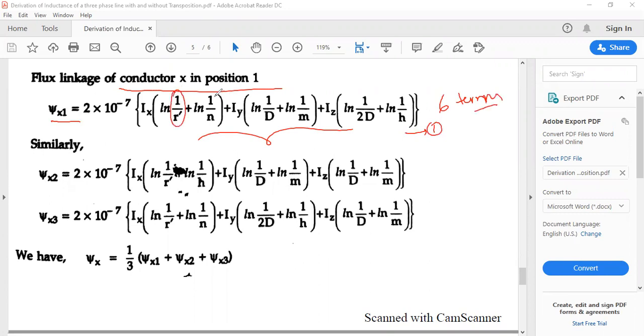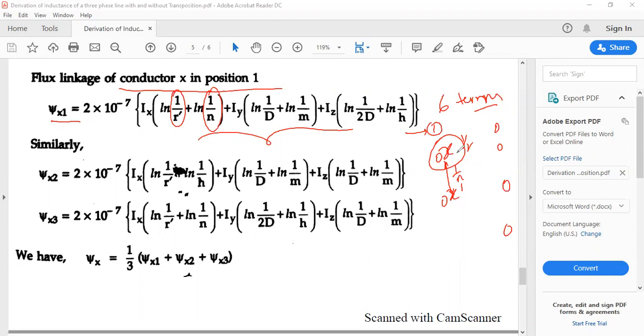So what do I need to do? 1 by r', 1 by n. The same thing I have done for X', Y', Z'. This one is with respect to GMR, X and X', so that is 1 by n. That's how you take the general distance there.